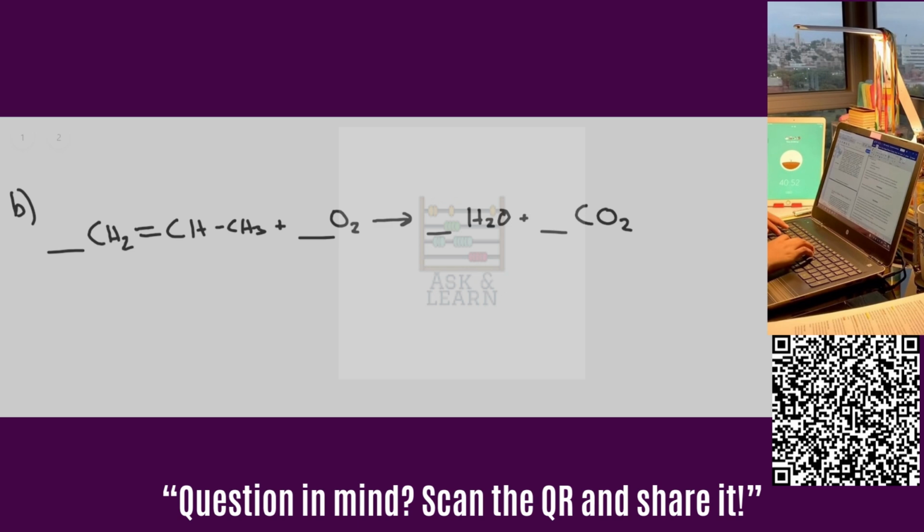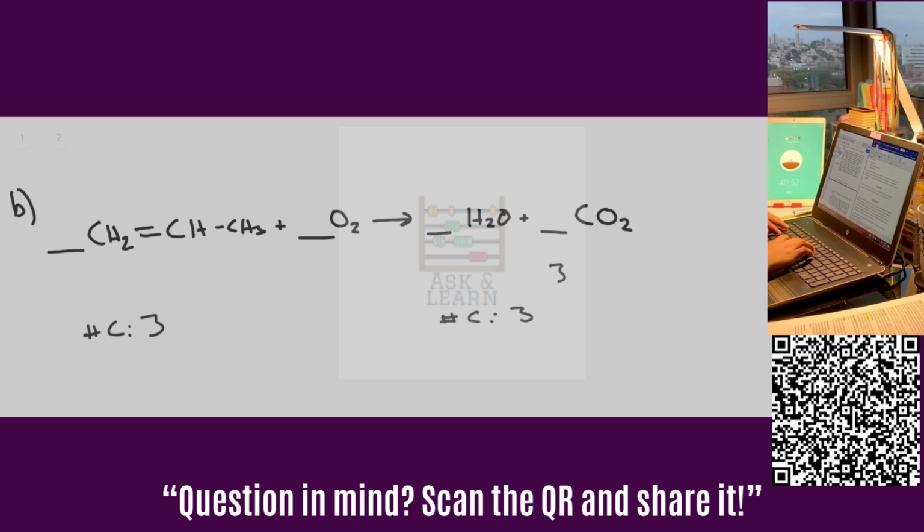Again, we first want to calculate the number of carbons we have. We have three carbons on this side, which means if we put a 3 here, we'll get 3 carbons on this side.